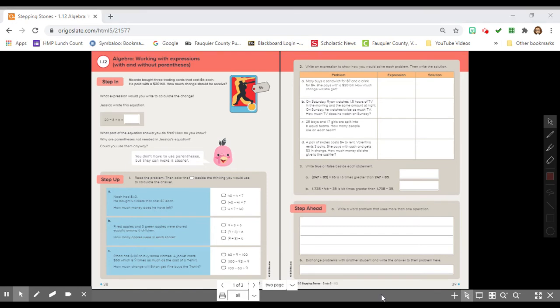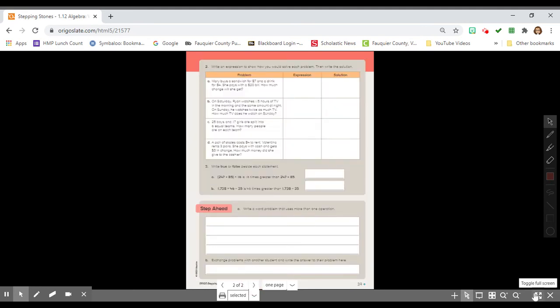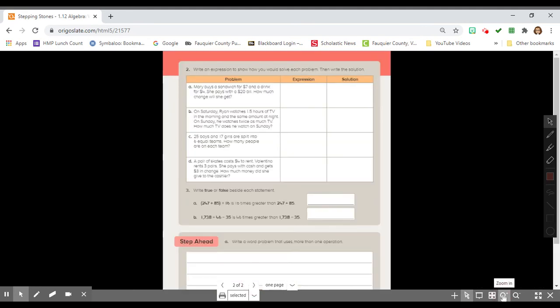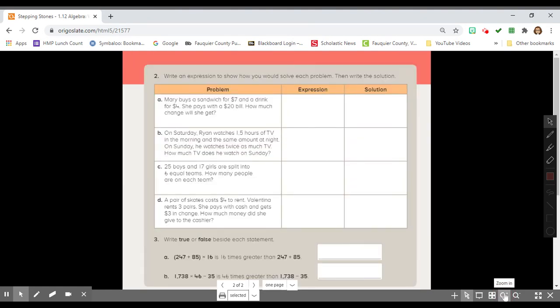Okay, oh, I see, it's right here. There we go. Okay, page 2, there we go. Okay, so this is the other page.